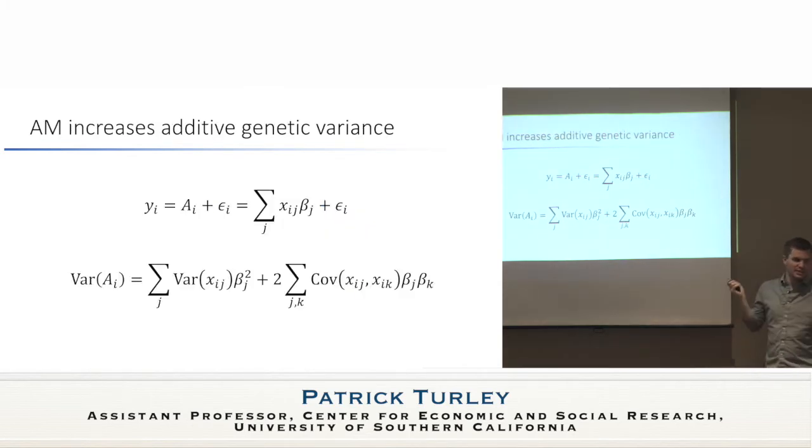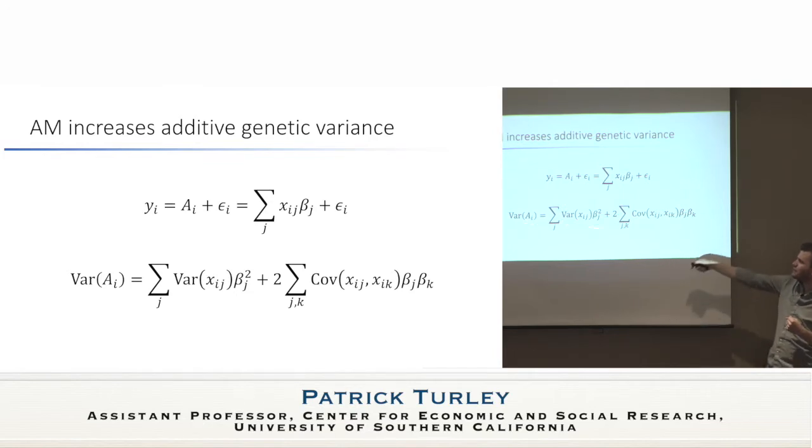And so how does this influence genetic variance? Well, here's our model, right? We have some outcome Y, and we can decompose it into the additive genetic factor and the residual. And the additive genetic factor, we can just express this way as the sum. Let's take the variance to calculate what the genetic variance is.